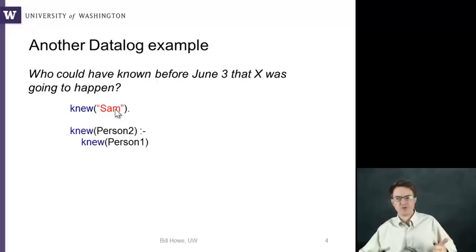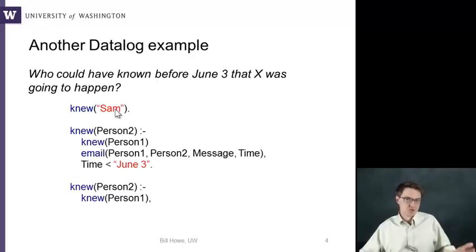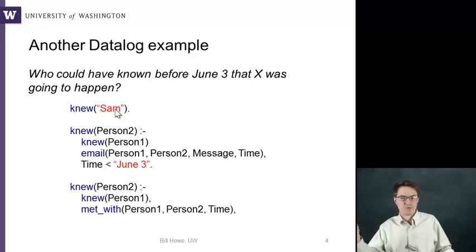We know person 2 knew if person 1 knew and person 1 emailed person 2 before June 3rd. Sorry, that's the other condition we're looking for, right? And we can also argue that person 2 potentially knew if person 1 knew and person 2 met with person 1 before June 3rd.